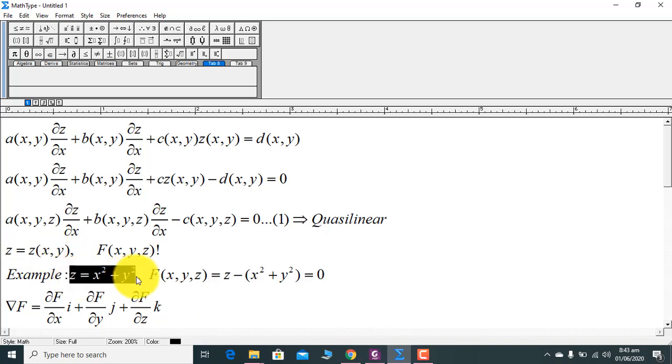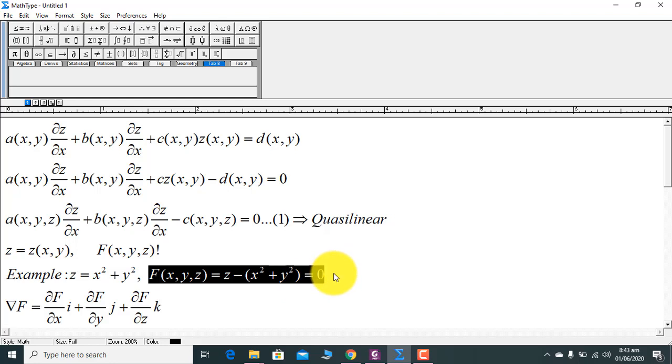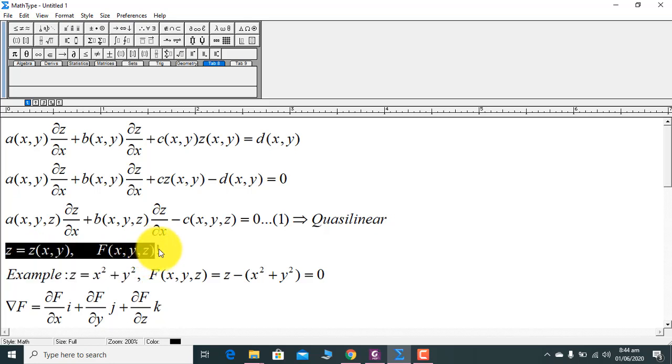But then you can take the right hand side to the left hand side and form a new solution, which is F capital of x, y, z in three variables, equal to 0. We need this form of solution, so I am just explaining how you can write z equal to z of x, y in terms of F of x, y, z.